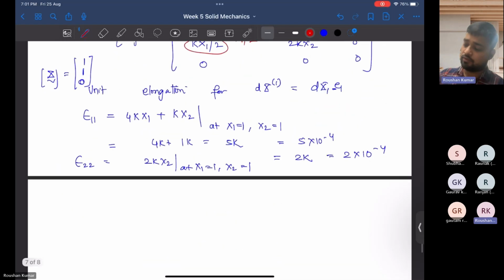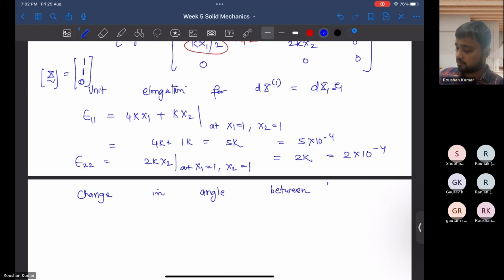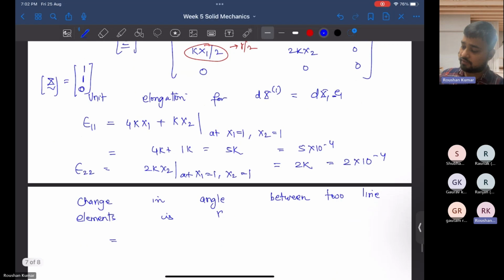We have to find the value of gamma. The change in angle between two line elements is gamma, and here we know the gamma by 2 value, that is k x1 by 2.